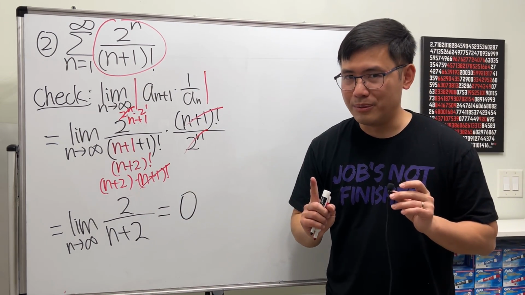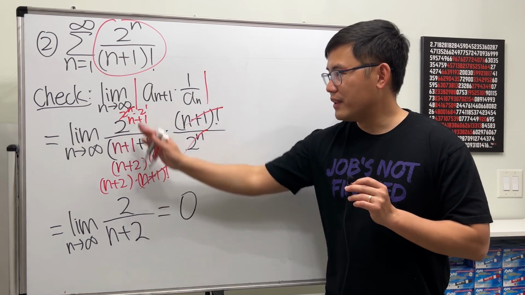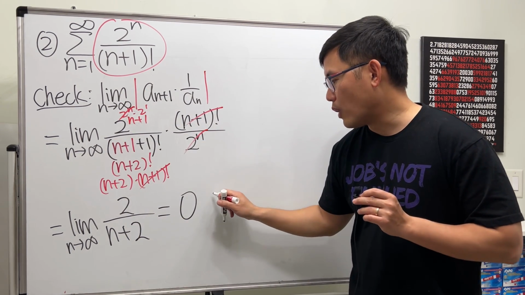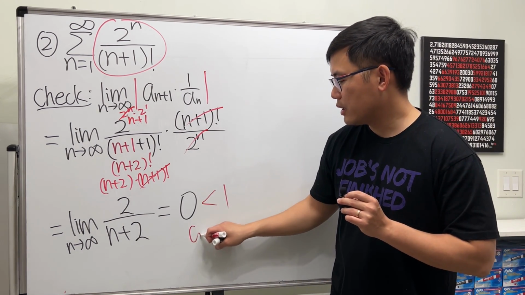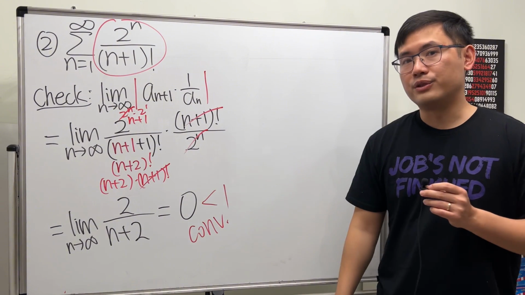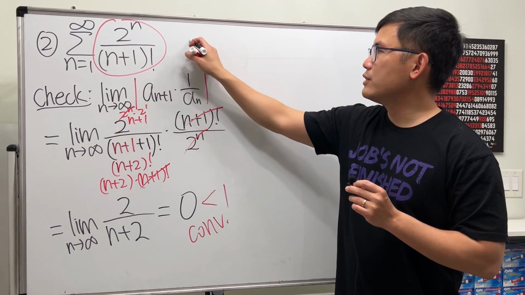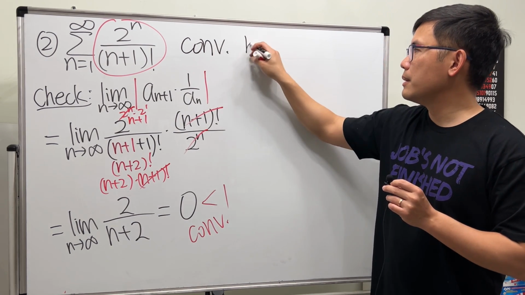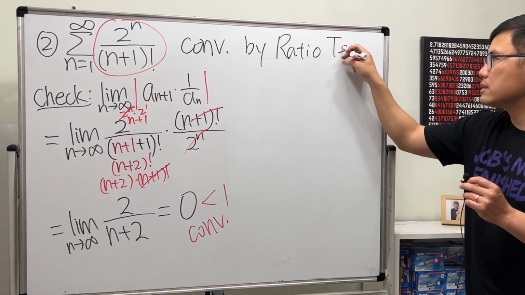And now you have to remember, we are doing the ratio test. If the limit that we get is less than 1, this is all we need to say, and that tells us it converges. So come back here and we'll say this right here converges by the ratio test.